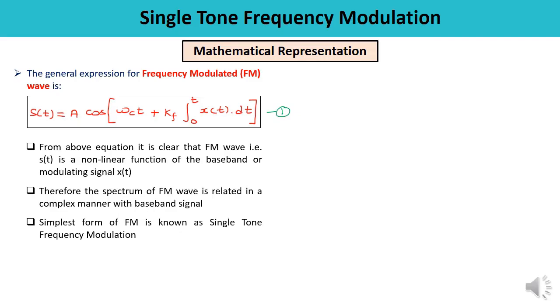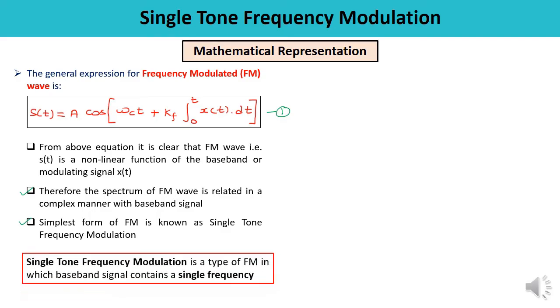It means if you have to plot the spectrum of an FM wave, it is related in a complex manner with the baseband signal. When we are considering only one frequency component, the simplest form of FM is known as single tone frequency modulation.